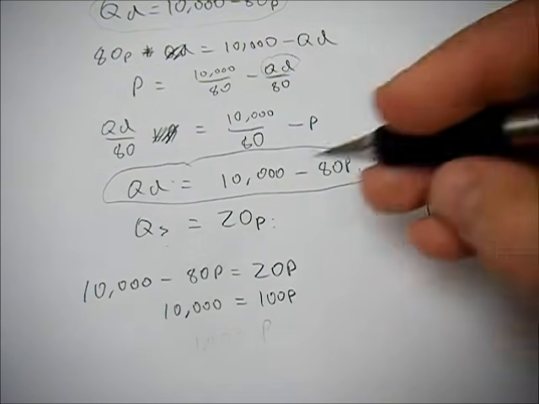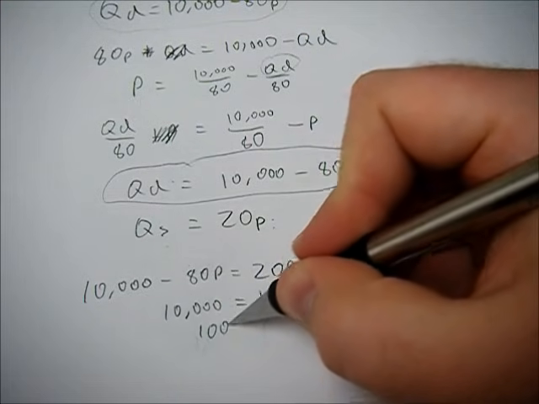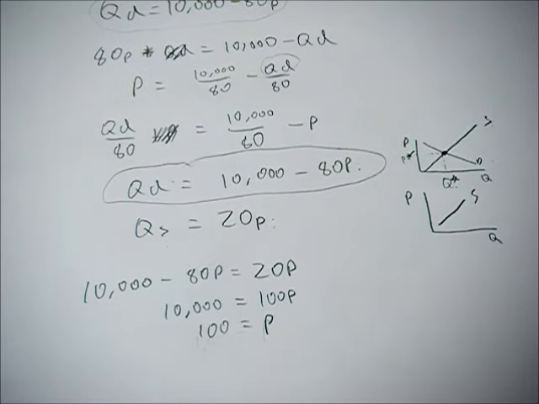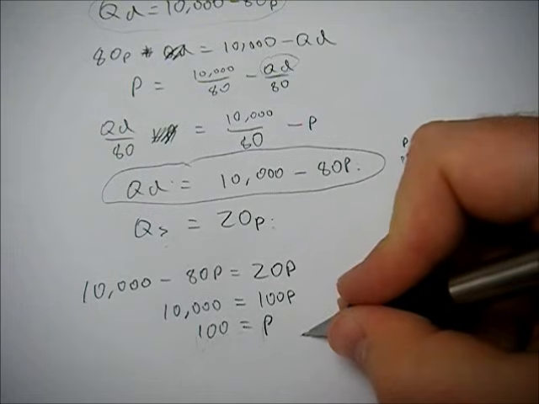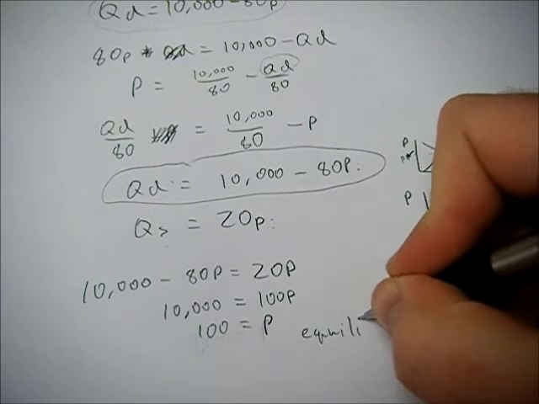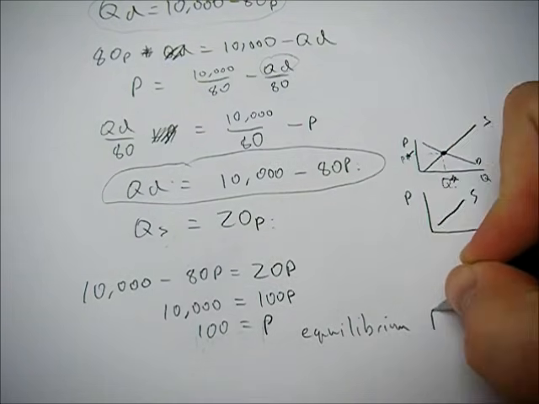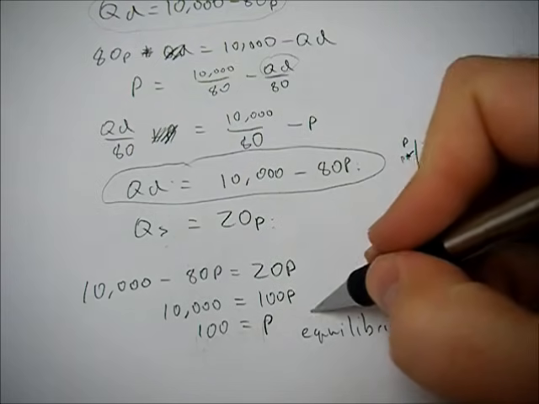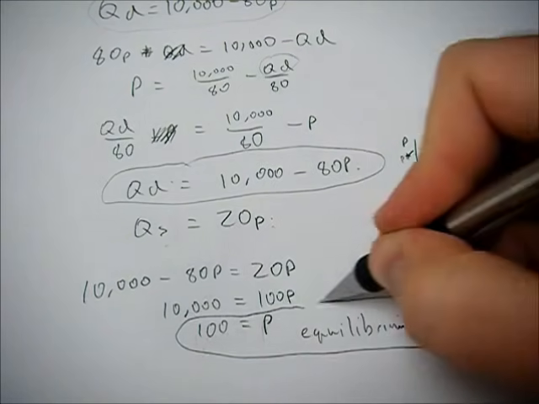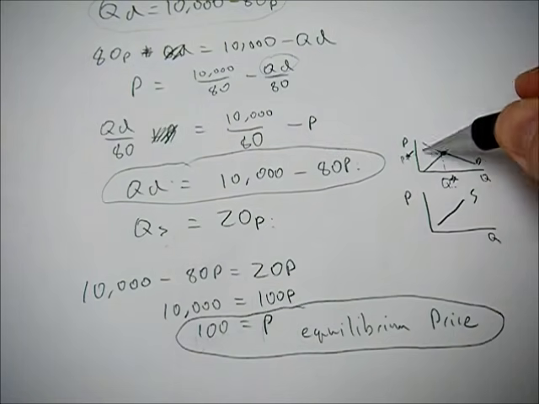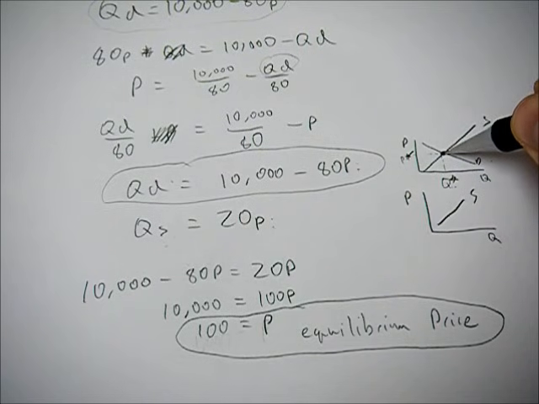If we divide both sides by 100, we get 100 equals p. So we now know that our equilibrium price is 100. And we know this represents the price where these two guys cross.